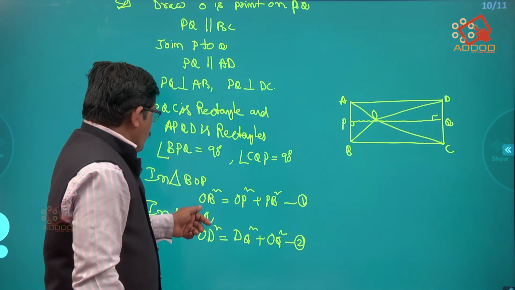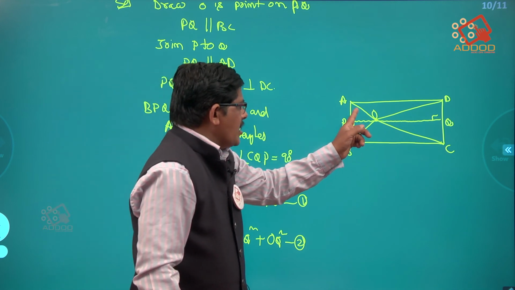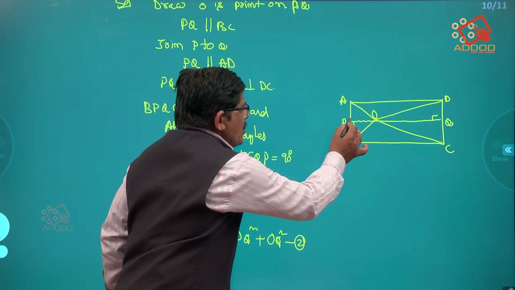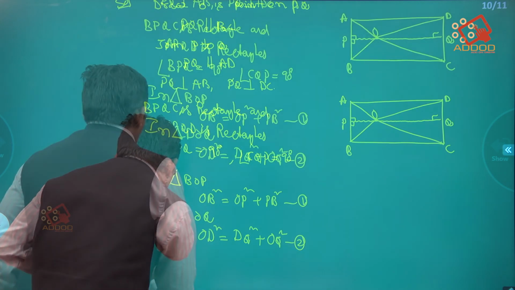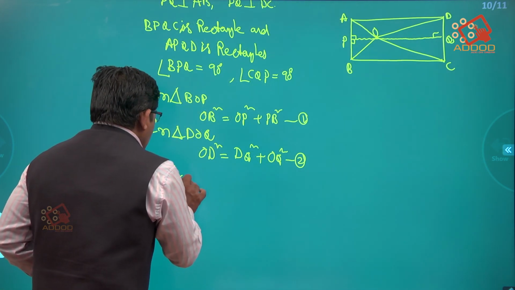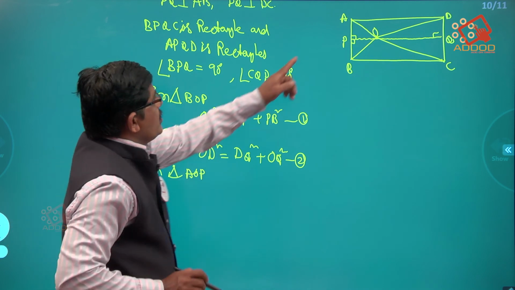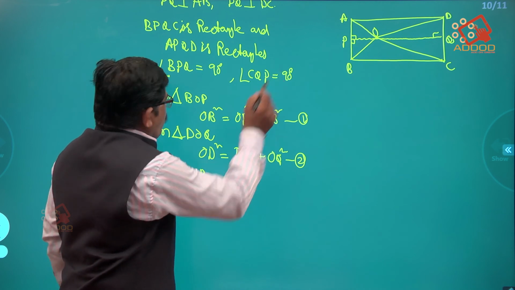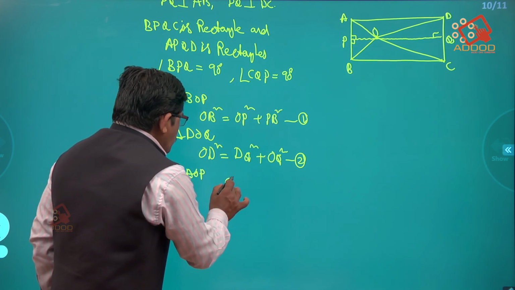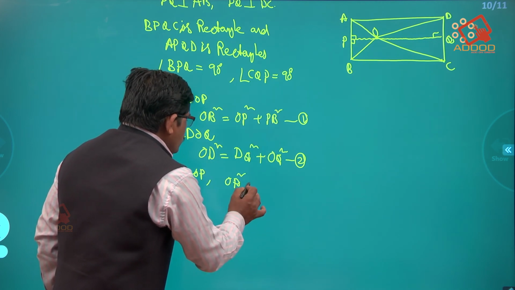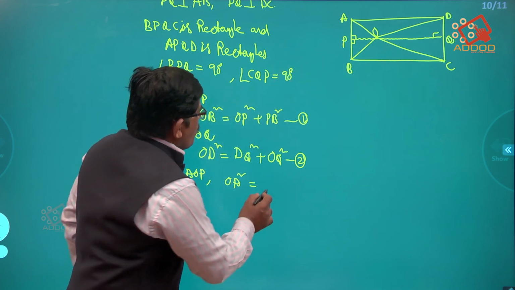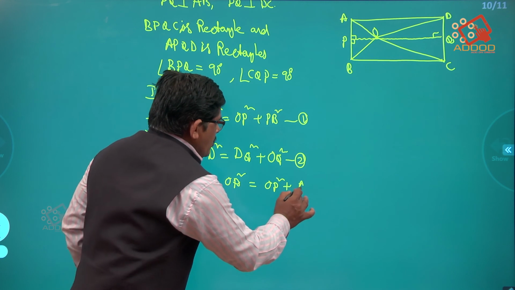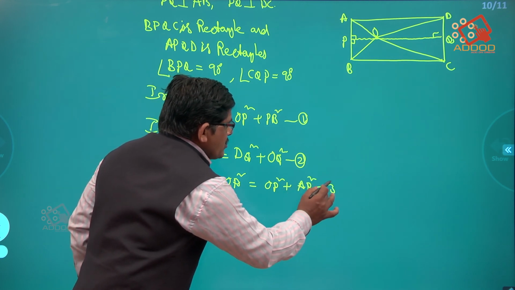Next, another triangle. In triangle AOP, what is the condition? OA square is equal to OP square plus AP square. This is equation number 3.